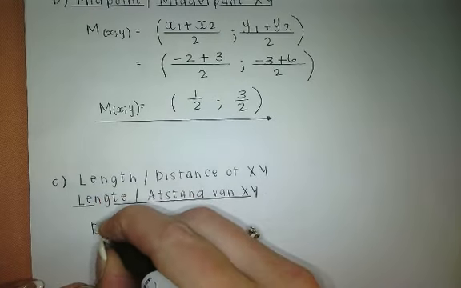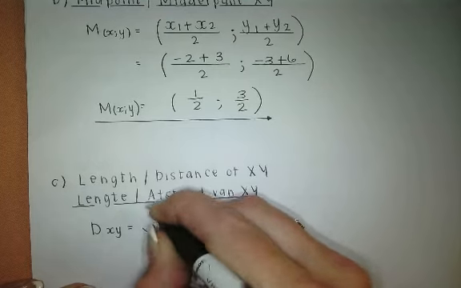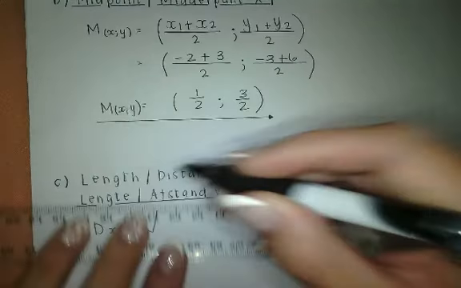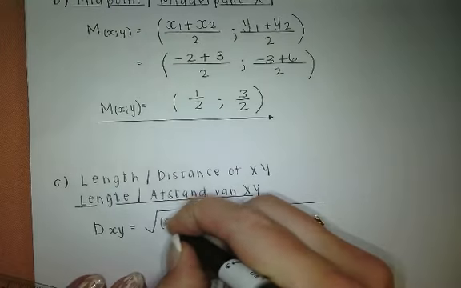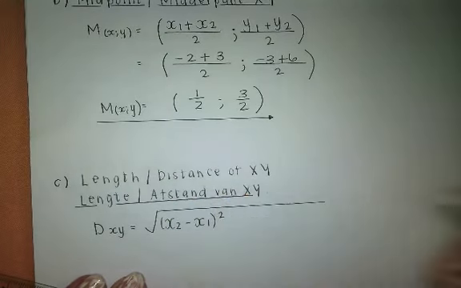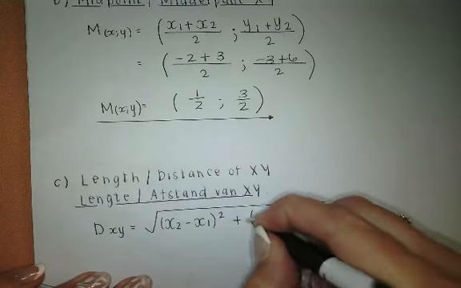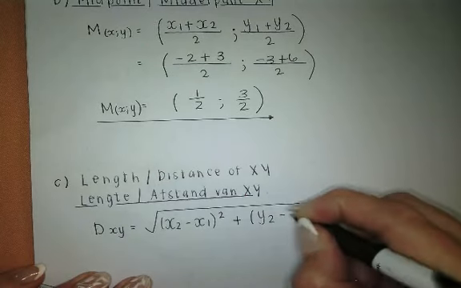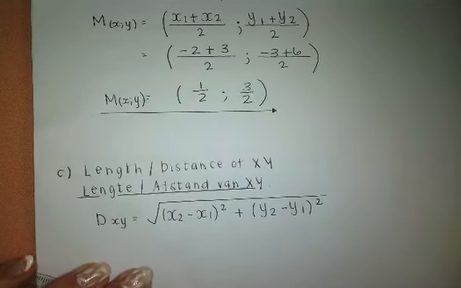My distance. Distance of xy. What's my formula? The square root of x2 minus x1, we square it. We need to add it to y2 minus y1 squared.